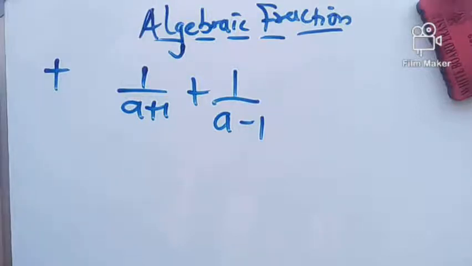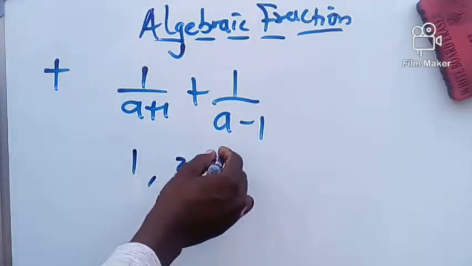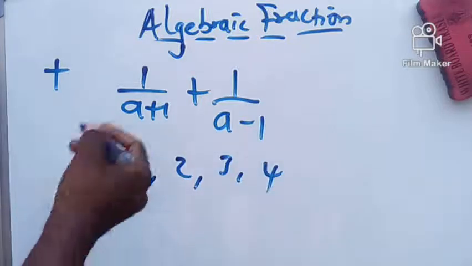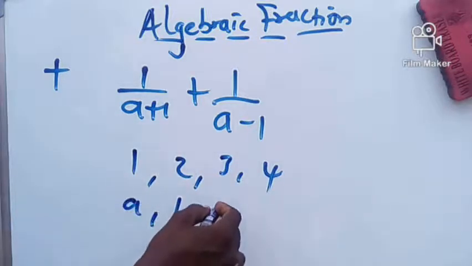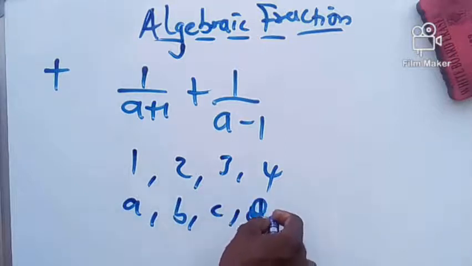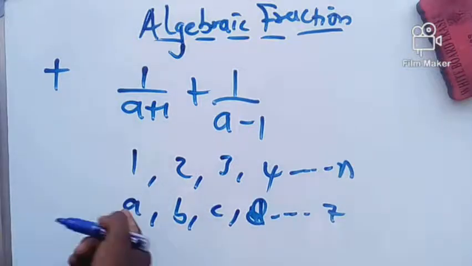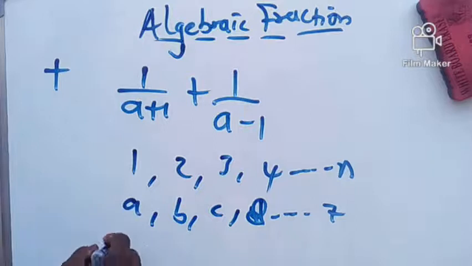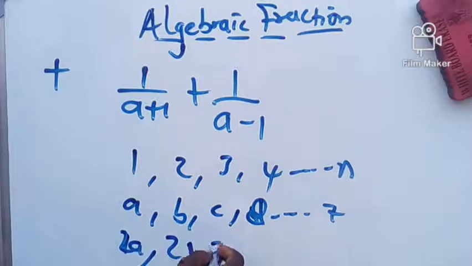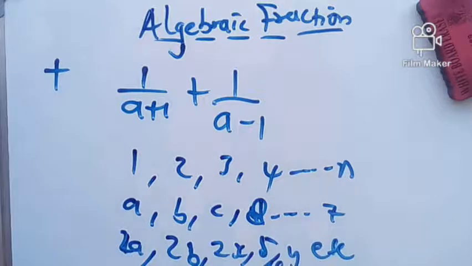And what I mean by single term is that it can be a single number, just like 1, 2, 3, 4, or a single alphabet such as A, B, C, D, to Z, or a combination of numbers and letters bounded by a factor of multiplication such as 1A, 2A, 2B, 2X, or 5 over 4Y, etc. Anytime you come across anything like this, we call these single terms.